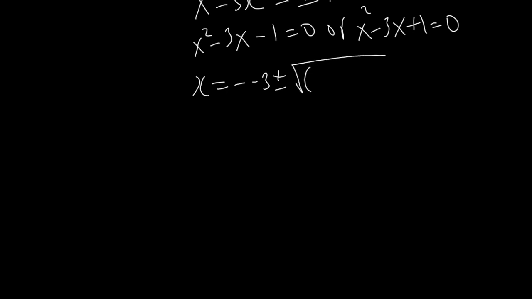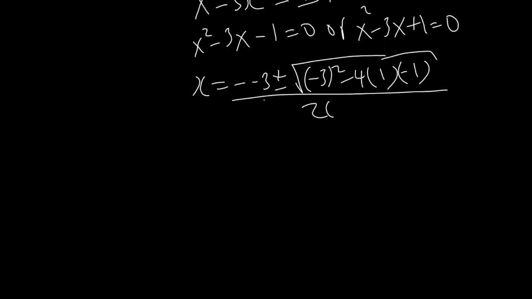The b is -3 squared minus 4, a is 1, c is -1, all of these divided by 2a. So this is how you substitute into the quadratic formula.